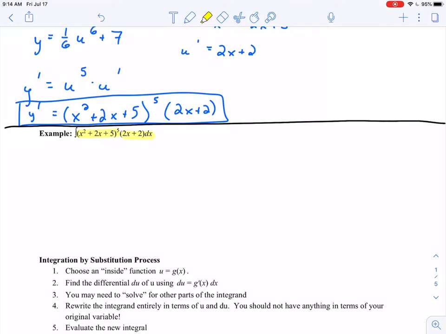Parentheses, remember, helped us make our decision about what u should be when we were doing the chain rule.